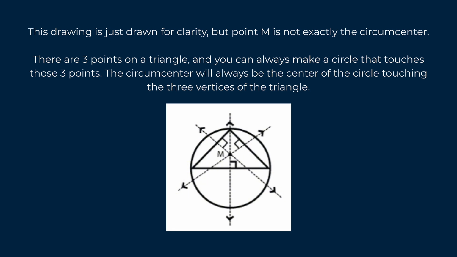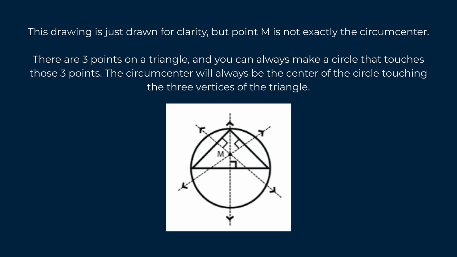As you can see, point M is not the center of the circle. It is more pointed up. It's higher than the center of the circle, meaning that it's not the circumcenter of the triangle.